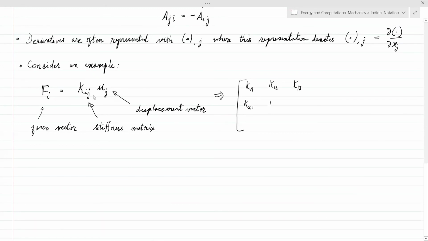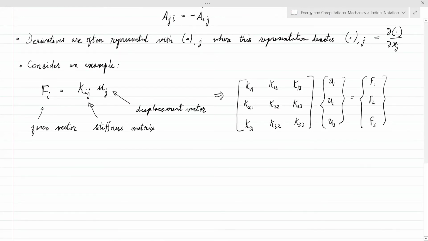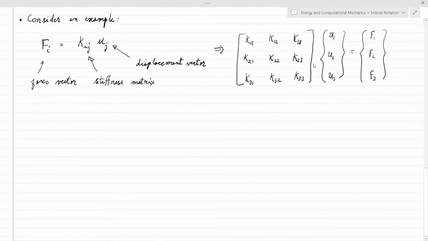If j is repeated, that's summation over j. So what I really have here when expanded is this. I have k11, k12, k13, and I have u1, u2, and u3. If I multiply this row times this column, then I'll get the force F1. So that's what that one is about. There are 3 equations here, and we've expanded it.